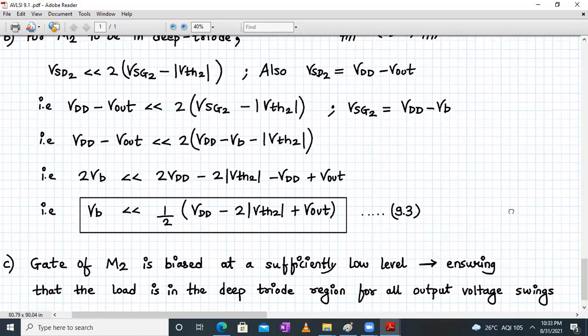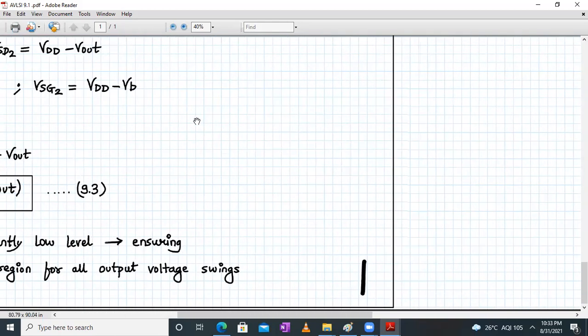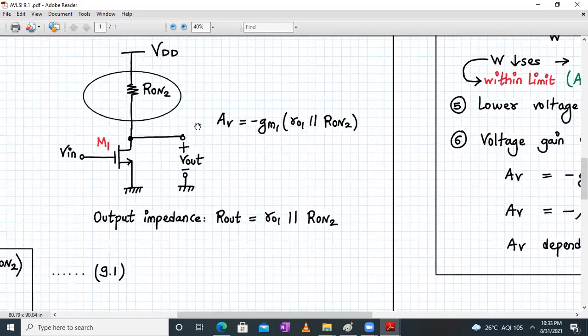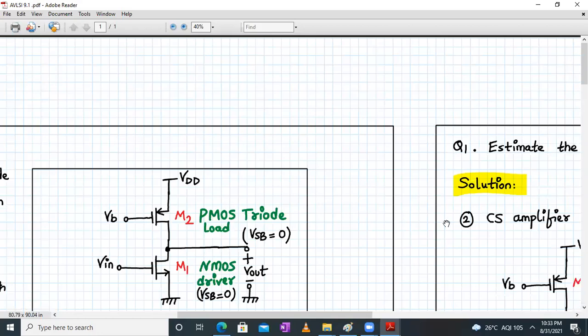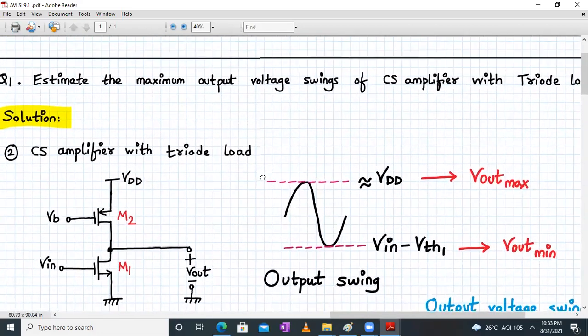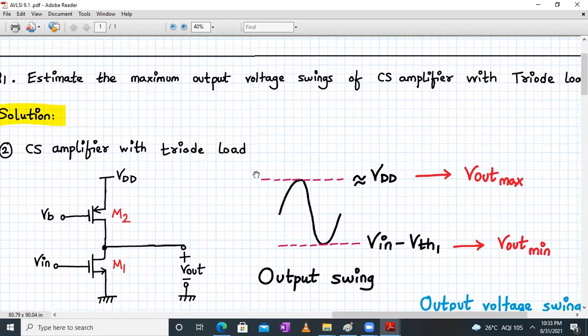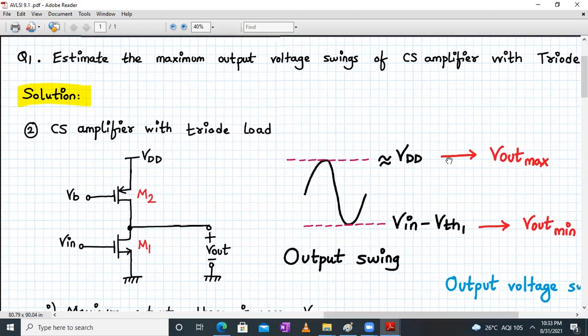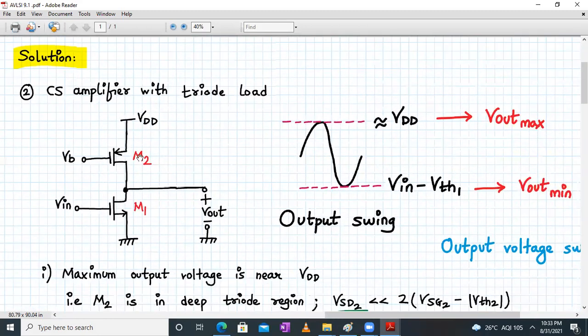Okay, fine, good. Let's move on to the next part of this section. Question number 1 is: estimate the maximum output voltage swing for a common source amplifier with triode load. This is my common source amplifier with triode load.